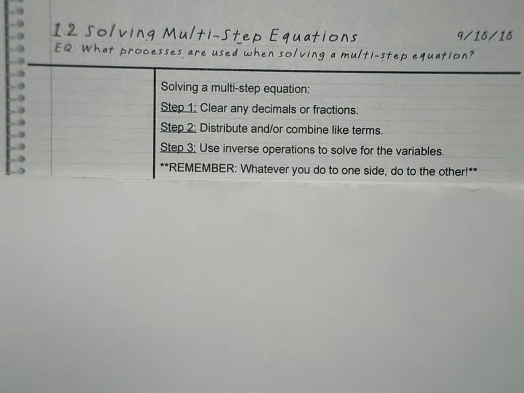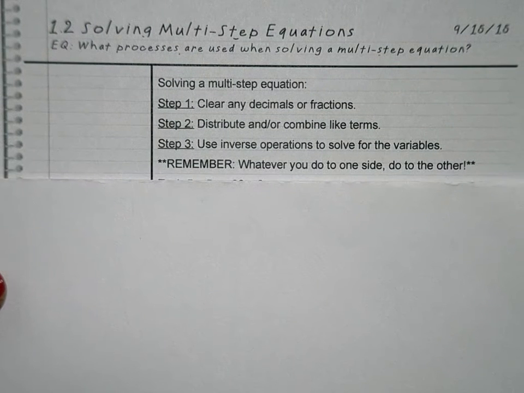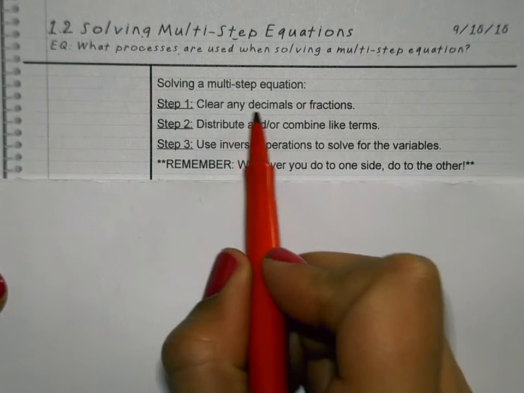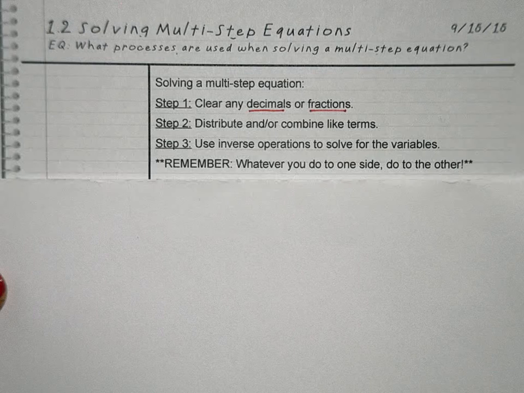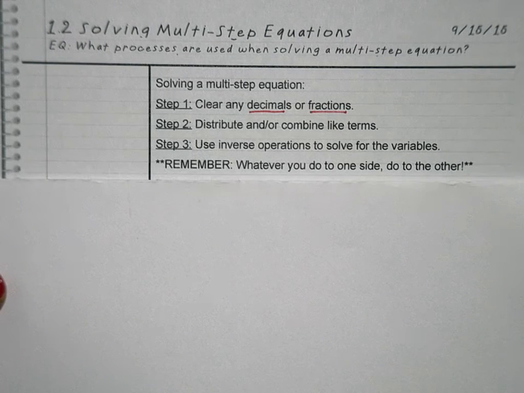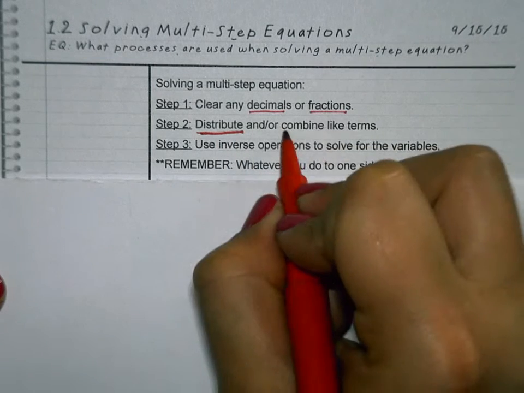So with my Cornell notes, the first thing we're going to do is put some steps in here. Steps to solving a multi-step equation. The first step is that you are going to clear any decimals or fractions, and I'm going to show you how to do that in one of our examples. If that step does not apply, you move on to step 2, which is to distribute and or combine like terms.